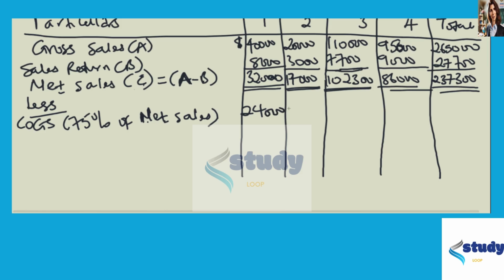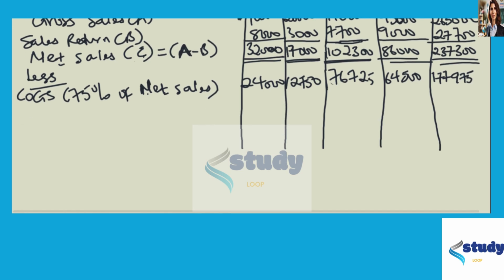For customer 2, 75% is 12,750. For customer 3, 64,500. I'm sorry, that was a mistake. For customer 3 it is 76,725. For customer 4 it is 64,500. So therefore the total will be the addition, which is 177,975.